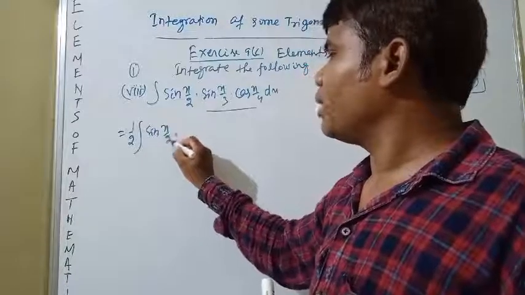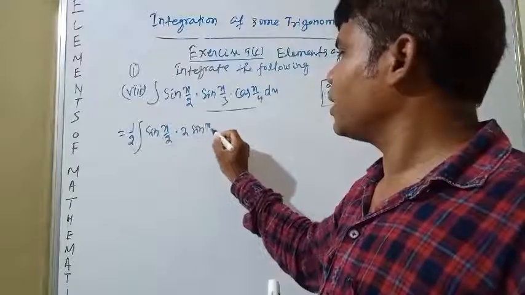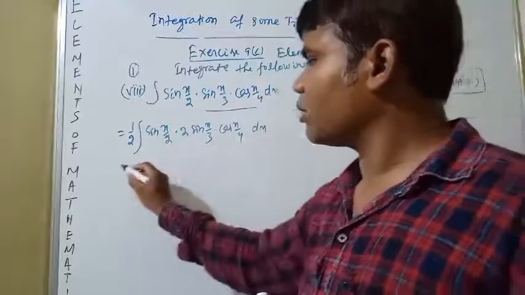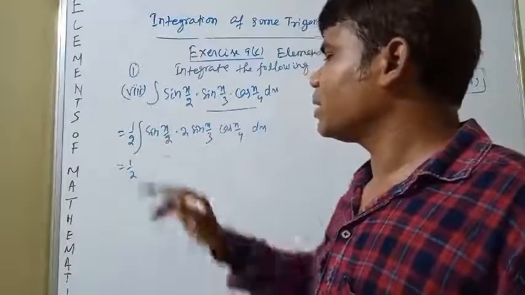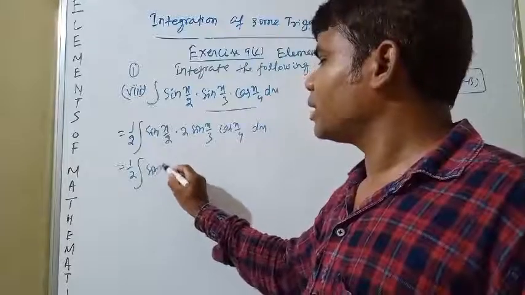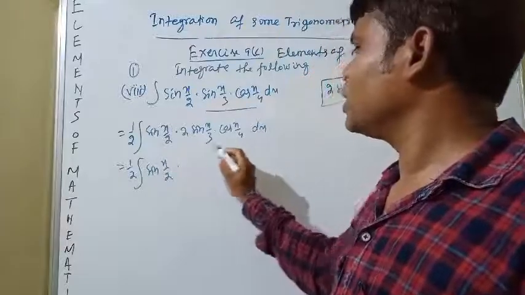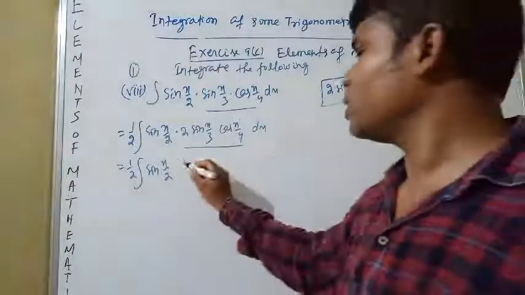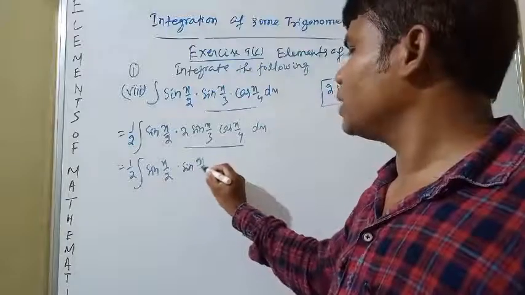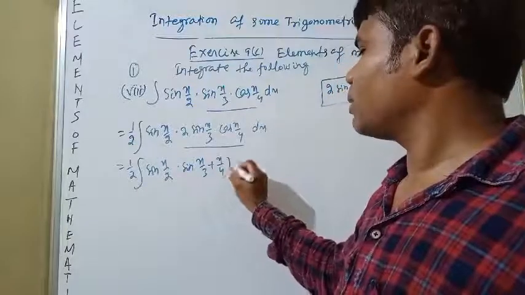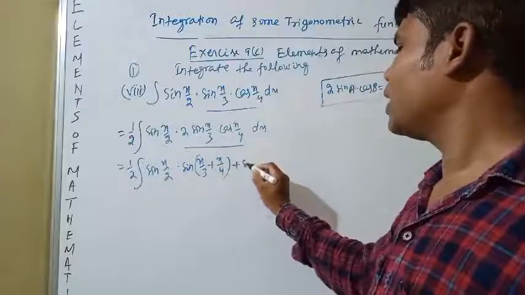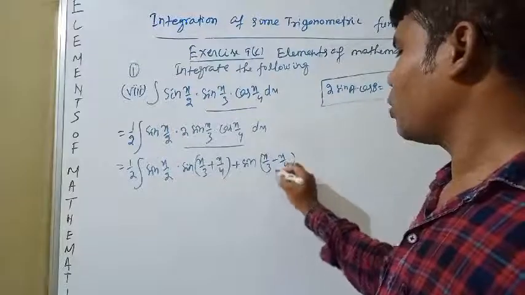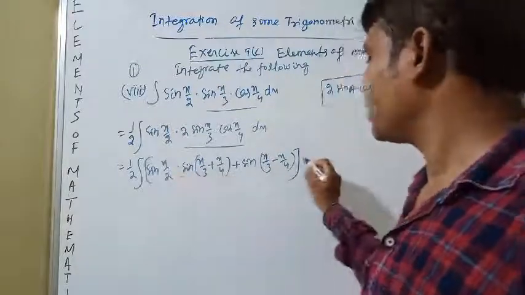Sin x by 2 into 2 sin x by 3 into cos x by 4 dx is equal to half the integral of sin x by 2 into sin(a plus b), that is x by 3 plus x by 4, plus sin(a minus b), that is x by 3 minus x by 4, dx.